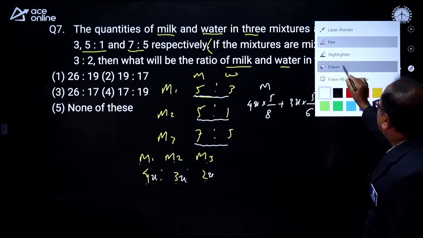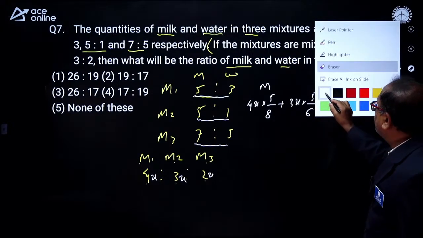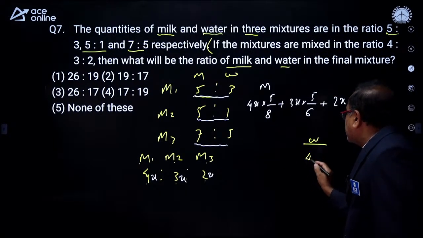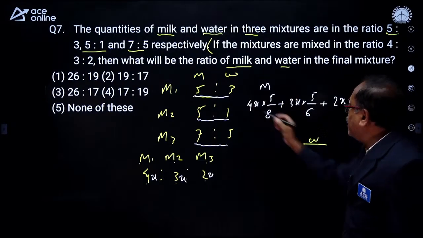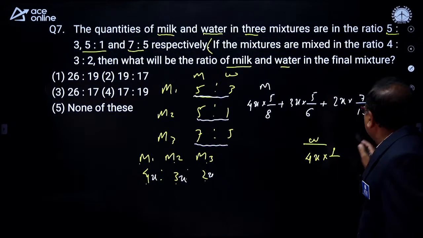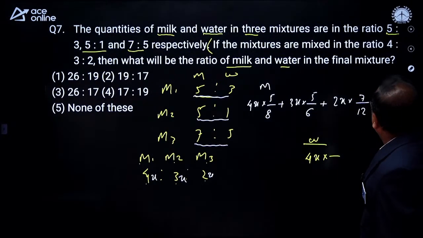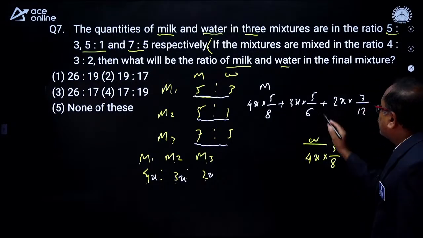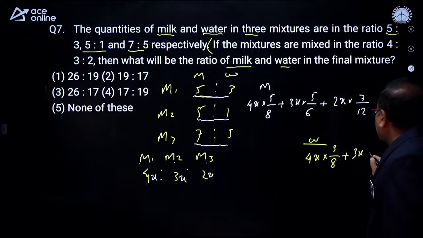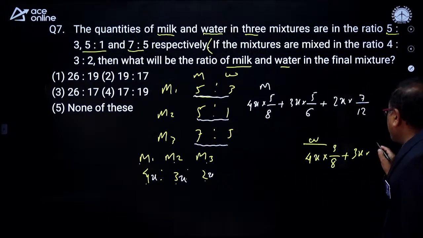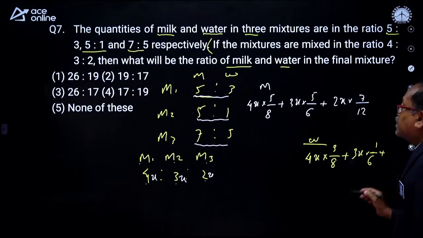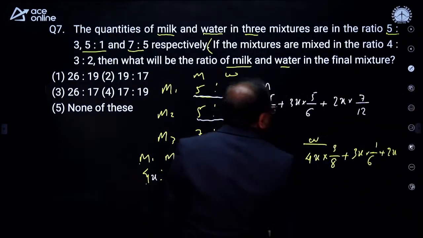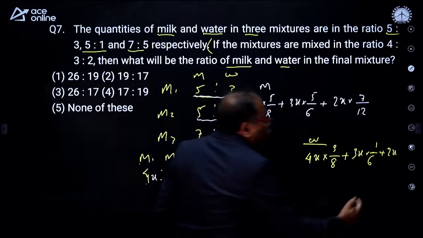And what about water? Let's consider the water part. The water is here 4x into 3/8, plus here 3x into 1/6, and finally 2x, hope it is visible, 2x into 5/12.